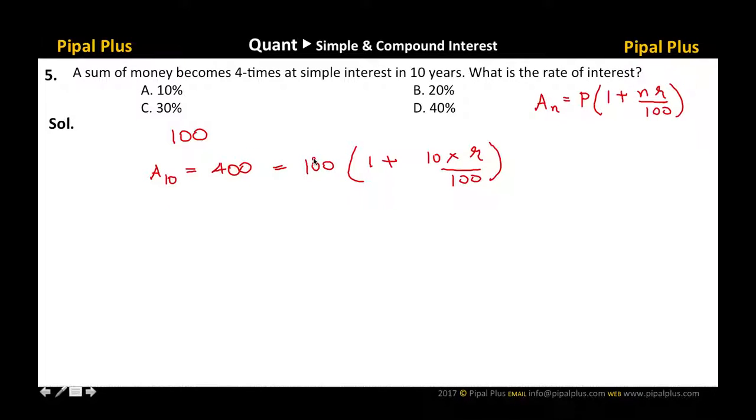We'll cancel out this double zero with this double zero. We get 4 equals 1 plus r by 10. So r by 10 equals 4 minus 1, 3, or r equals 30. So r percent is what we are looking for. R percent is 30%. So the correct answer is C. Straightforward. All right, let's move on.